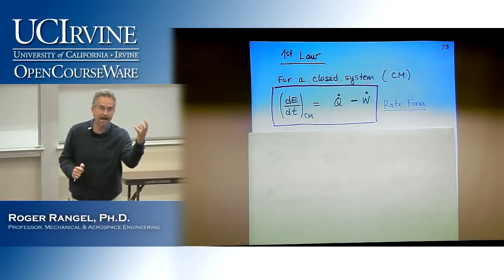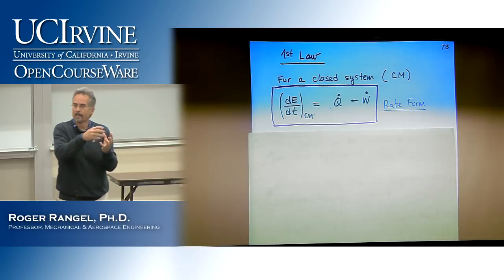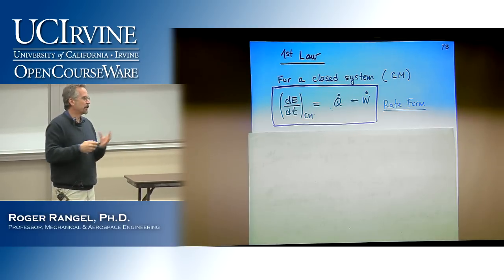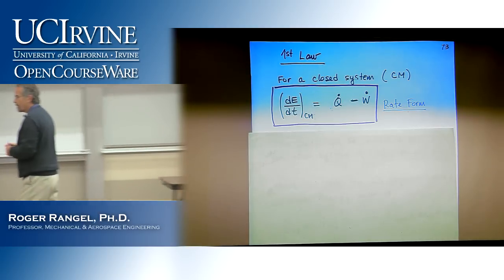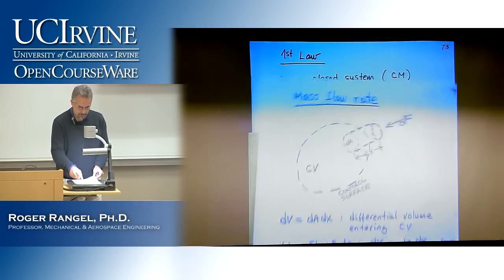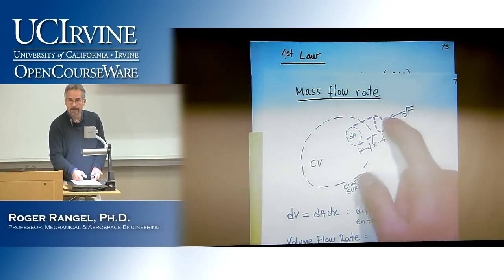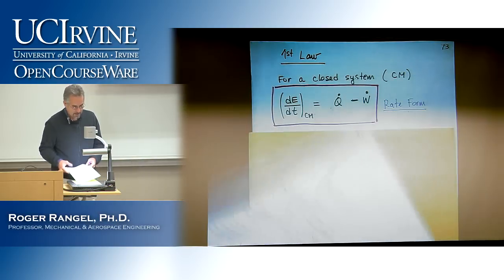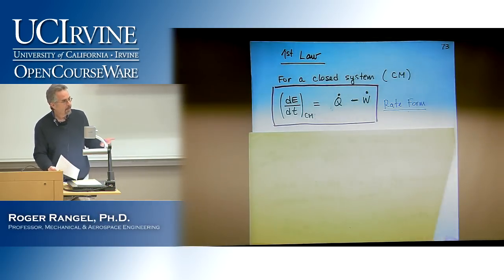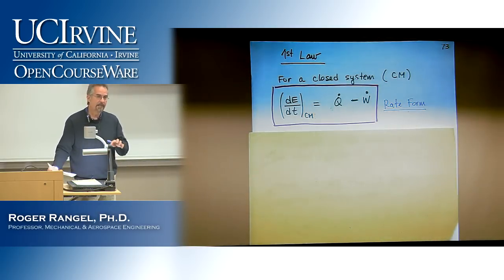That mass has energy. Internal energy for the most part, but it may also have kinetic energy, it may have potential energy. So the mass that goes into the system, this mass that goes into the control volume, the open system, has energy. Every piece of mass has energy. So when that mass goes in, it brings in energy, or if it goes out, it takes energy away.